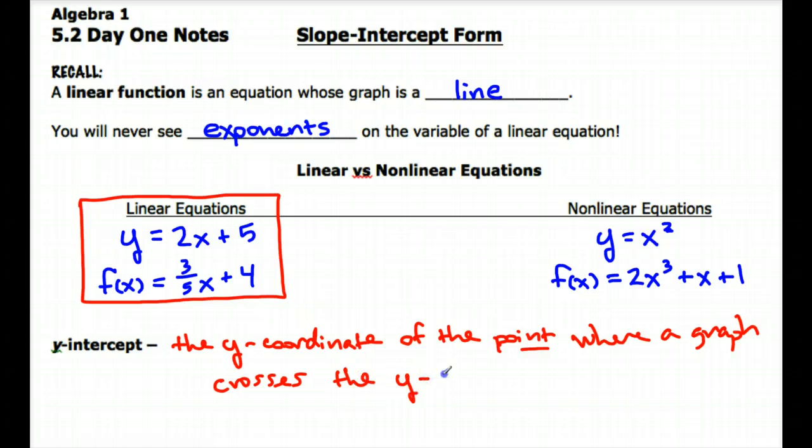Okay, so that phrase y-intercept will be coming up time and time again, and it's something that's going to come up a lot in this lesson in particular. And what you need to remember is that it's the y-coordinate of the point wherever a graph crosses the y-axis.